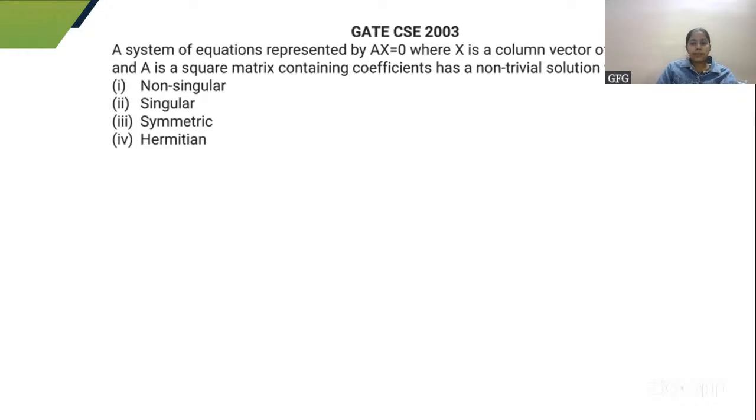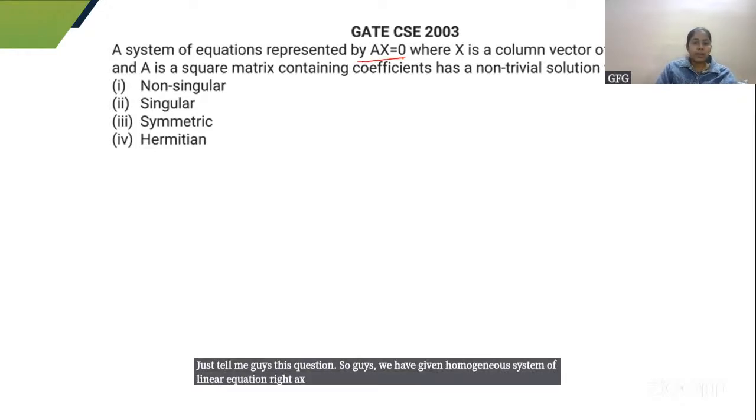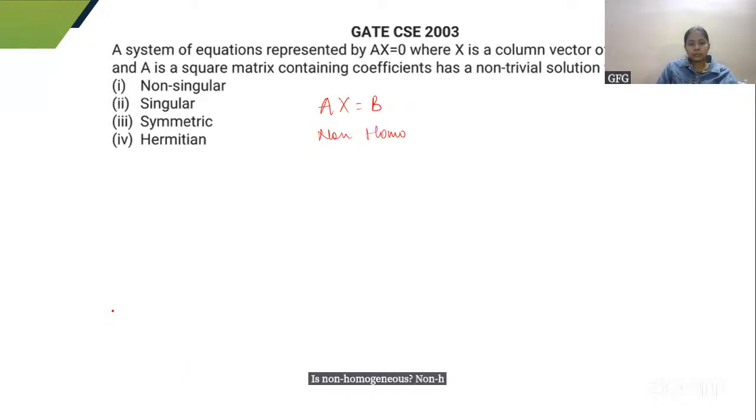So, guys, we have been given a homogeneous system of linear equations, right? Ax equals 0. We all know that we have two types of systems of linear equations, homogeneous and non-homogeneous. Ax equals b is non-homogeneous, and Ax equals 0 is homogeneous.